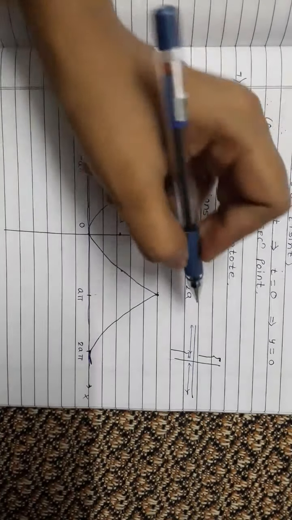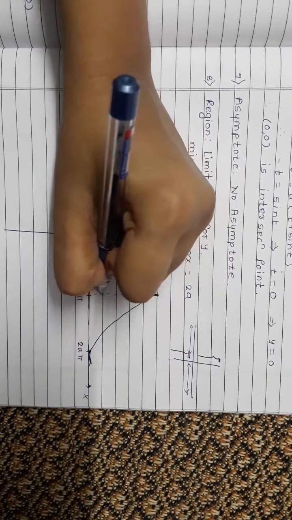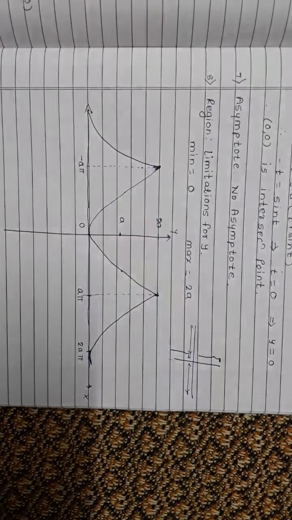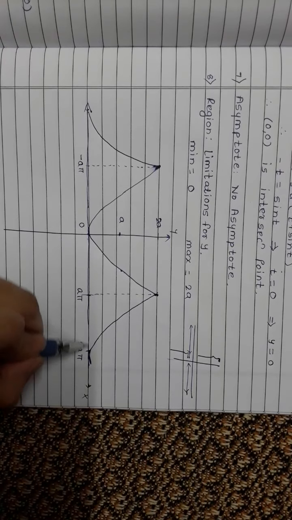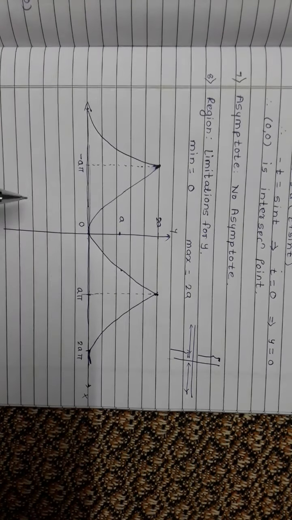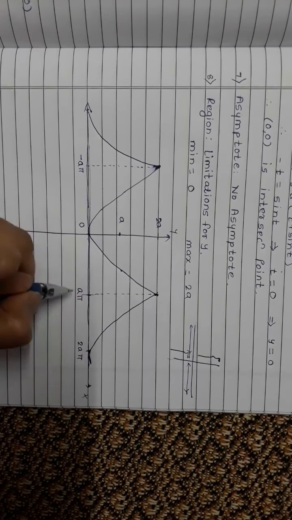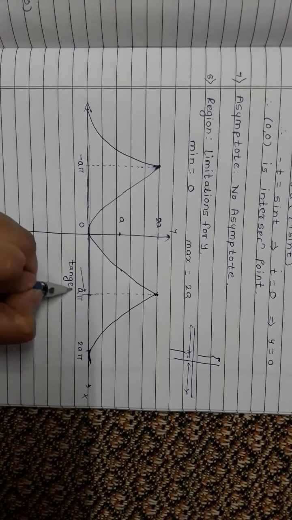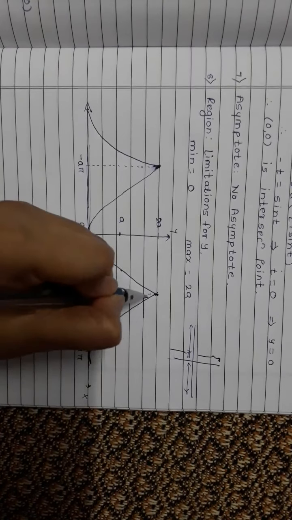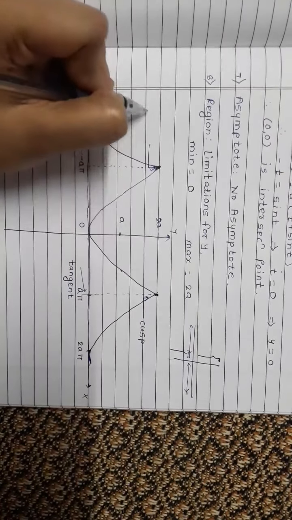Note that this is a cusp, right? So that's why I got the tangent parallel to the y-axis at the point (a pi, 2a), and the tangent at the x-axis is nothing but the x-axis only, parallel to the x-axis at (0, 0) and (2a pi, 0), right? So this is a tangent, this is a cusp, this is also a cusp.